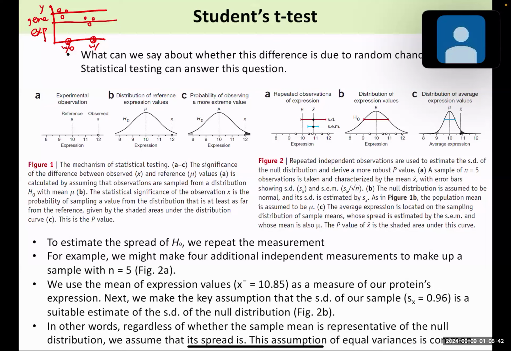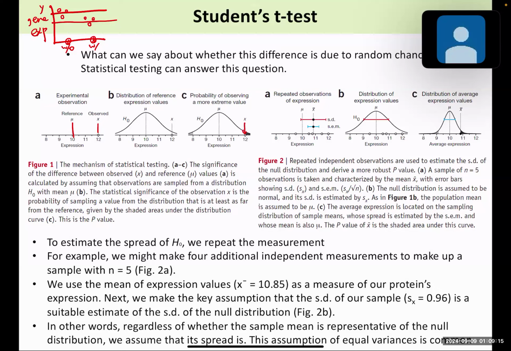Okay, so let's take a look into the first figure. Let's assume that this is the reference point, right? The predicted average of the population, and then x is the actual observed value. And then you draw this distribution of the population, and then you calculate the probability of observing a more extreme value, right?